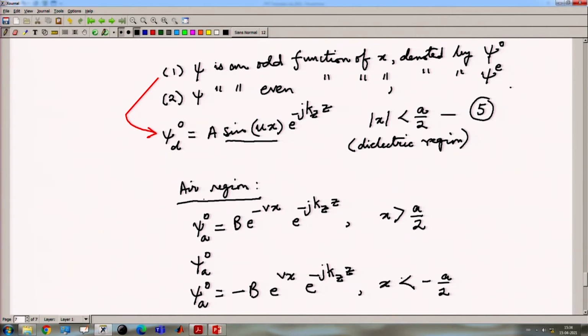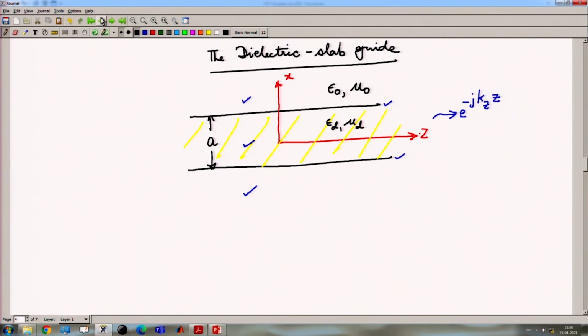So, this is x equal to plus a by 2 and this is x equal to minus a by 2. So, we are describing the fields here and here.